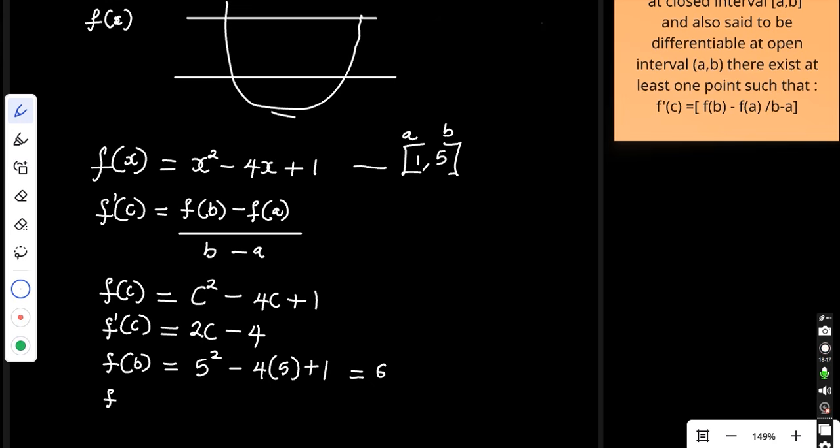So f of a would be equal to, wherever we see x, we put in 1, and that is going to be 1 squared minus 4 into 1 plus 1, and this is going to give us negative 2.